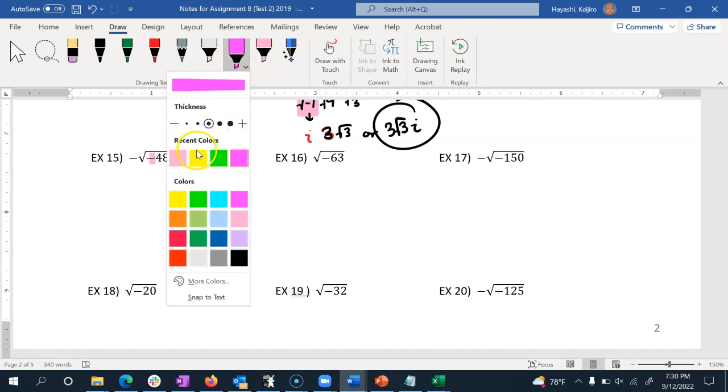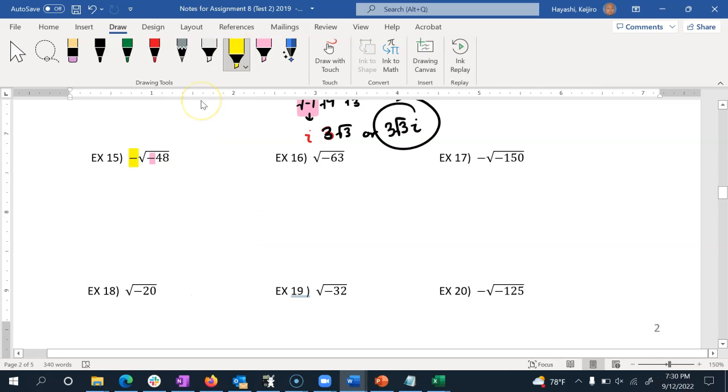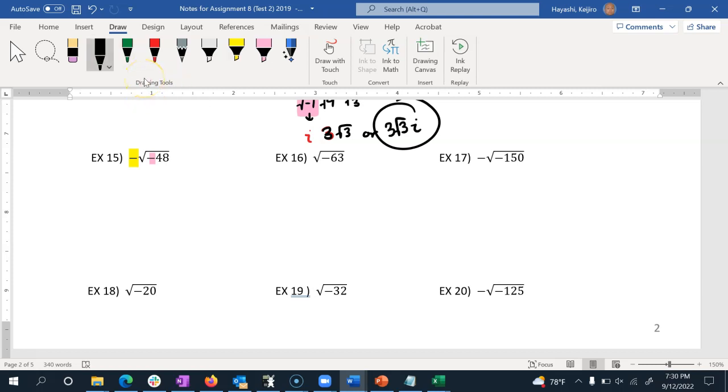Okay, so what square number is a good factor of 48? 16 and 3? Yeah, 16 is a good one, which means the other factor is 3. Off to the side, I'll just do a plain old square root of 48. Actually, this is probably how I should have been doing it all along.